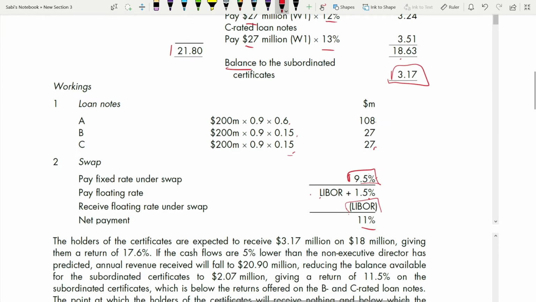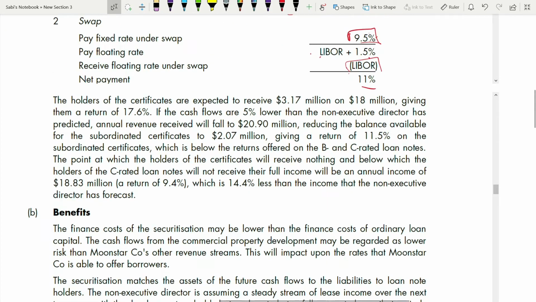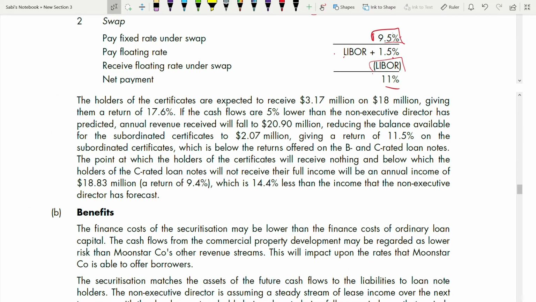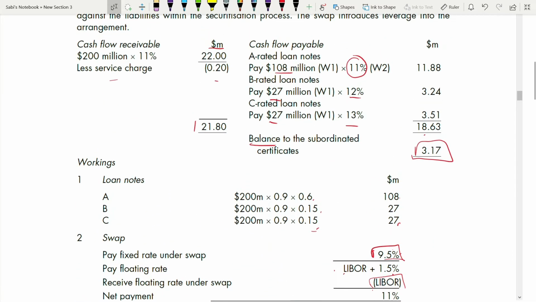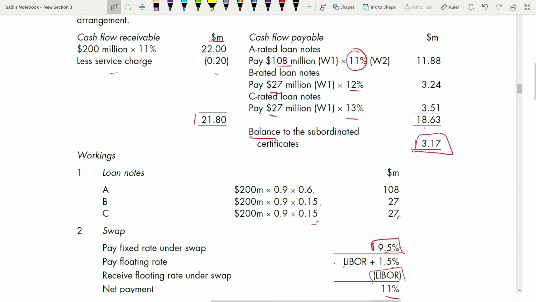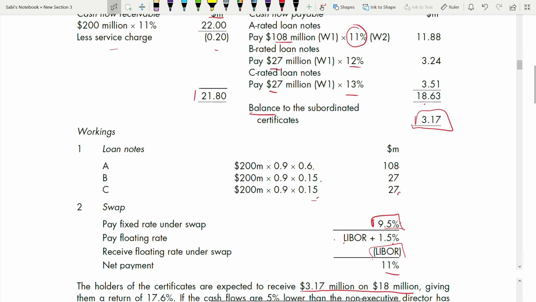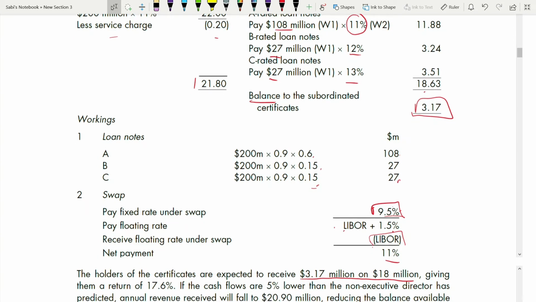Okay, now we'll see what has been given here. You have to write it in a sentence. The holders of the certificates expect to receive 3.17 million on 18 million. Why on 18 million? How did they get 18 million?